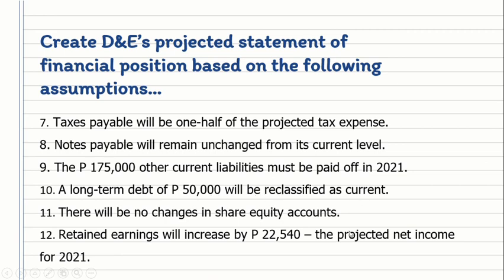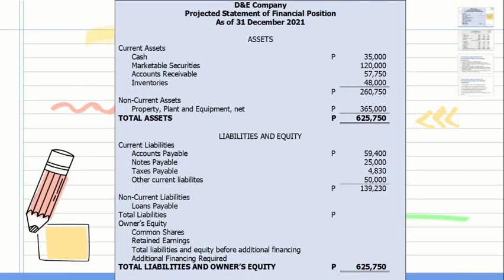So, from 250,000 na non-current, minusan nato siya 50, which is atong gibalhin sa current. So, we only have a long-term debt of 200,000. So, our total liabilities shall be 339,230.